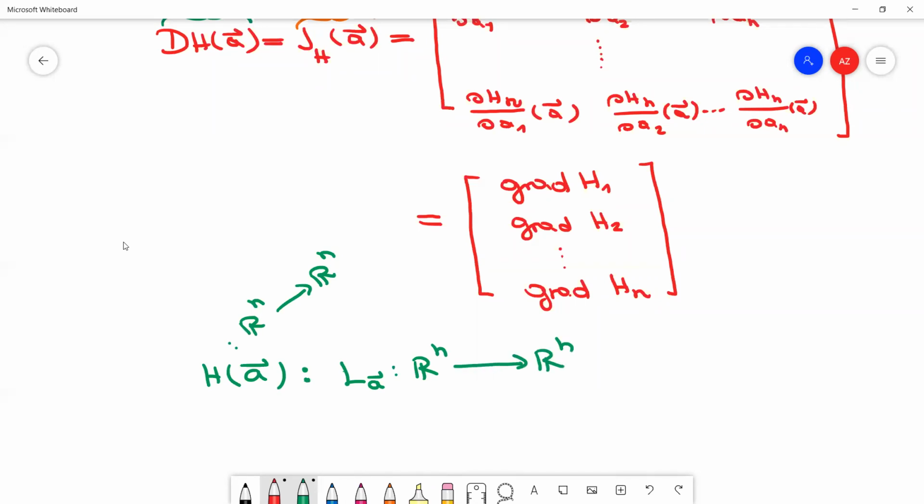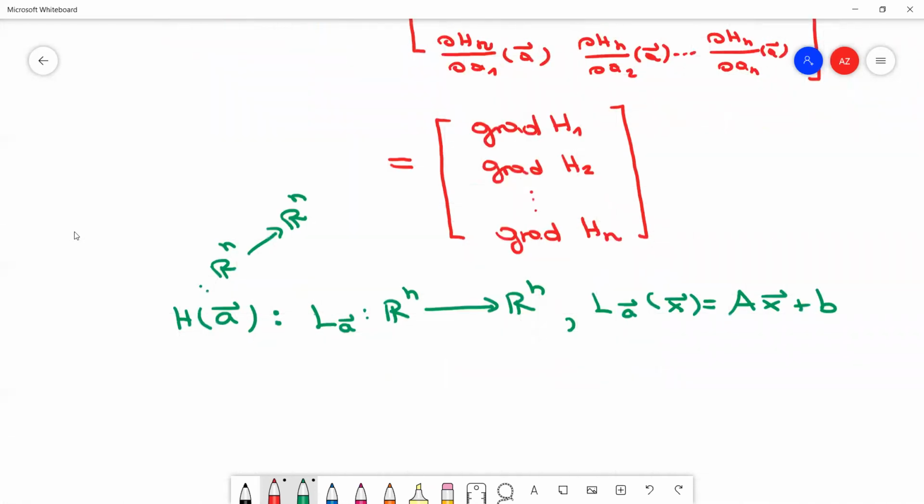And it makes sense that if it's linear, then it's of this form: L of a in some point is ax plus b. And there are two conditions which make sense, so that L of a in the point A is equal to h of a.